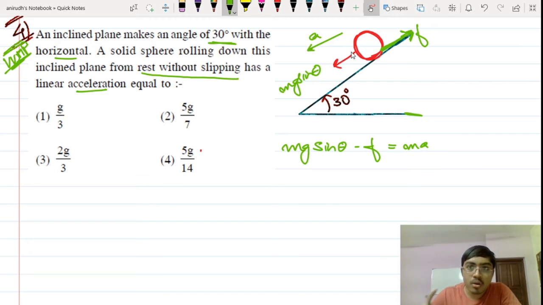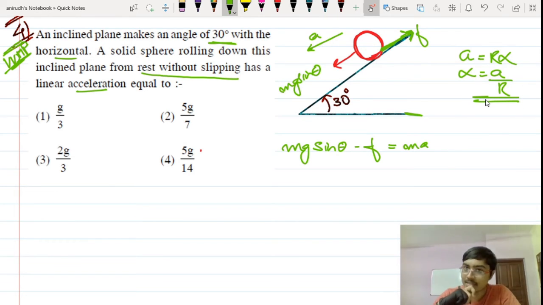Since it is rolling without slipping, I can write a is equal to r alpha, or alpha is equal to a by r. Now the next point is, this friction is actually acting along this point, but it is providing a torque about the center of the sphere.